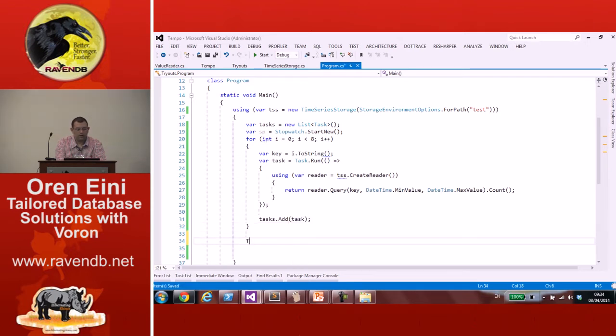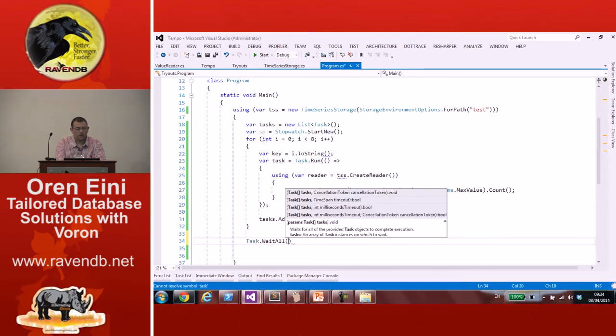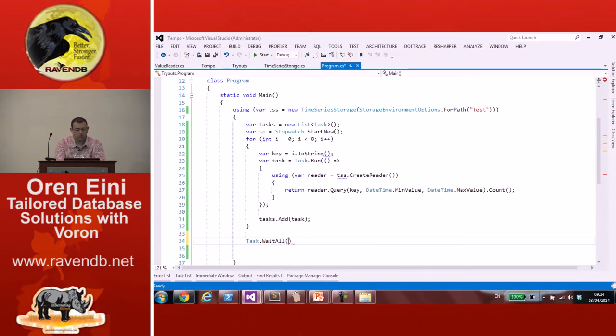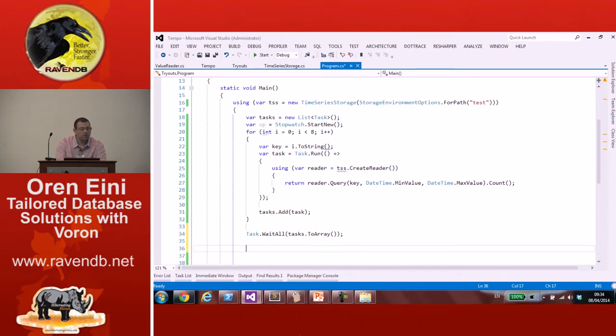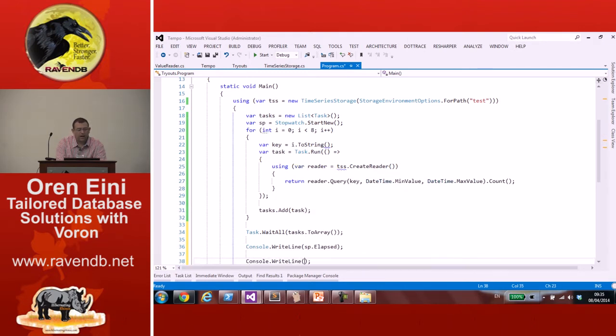So now a task wait all array. So now basically having 8 concurrent threads reading from the database. And what we want to do afterward is to say, well, how much time did this take, and how many records did we read?